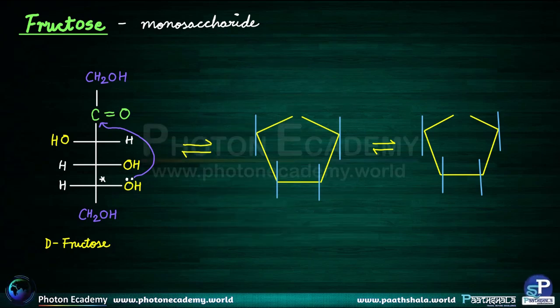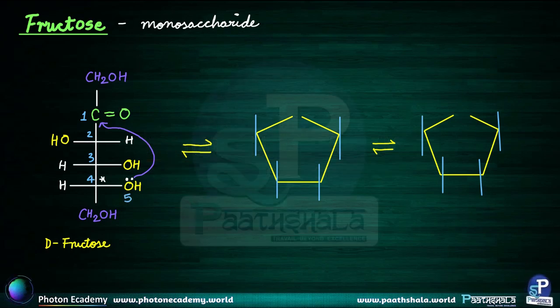Firstly, we start by naming the carbons: 1, 2, 3, 4, and our fifth, we call the oxygen atom, as the fifth member of our ring, because that is the lone pair which is going to attack our carbonyl carbon. So now this lone pair will attack this carbon. Let us come to our cyclic ring now.